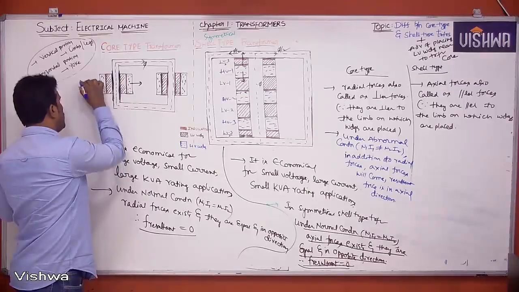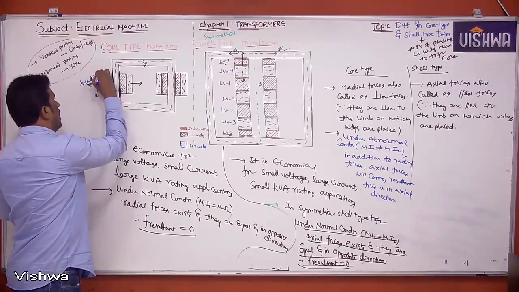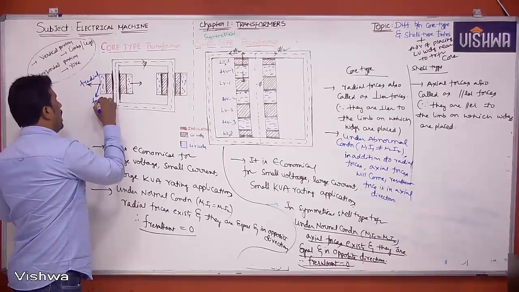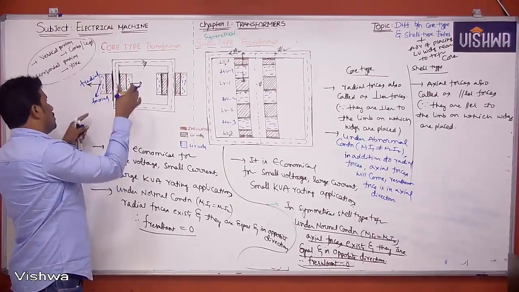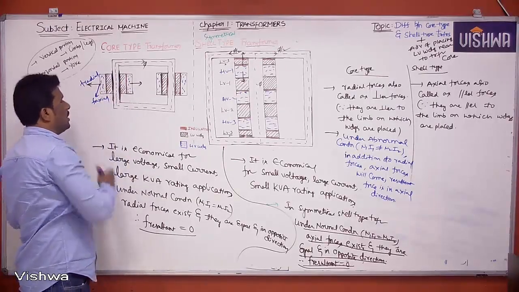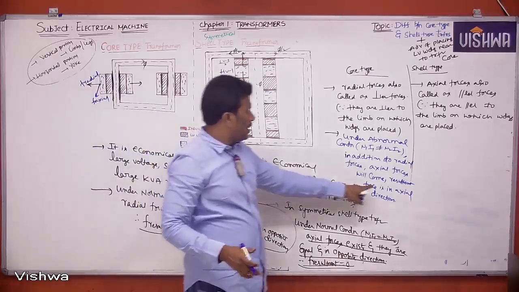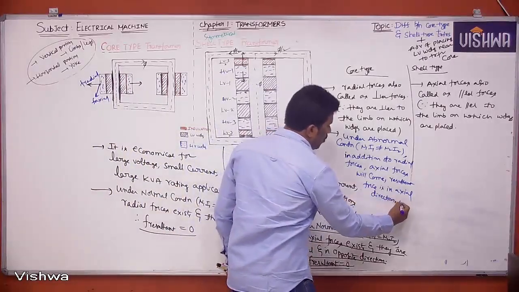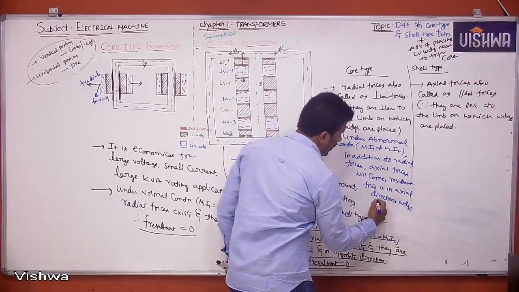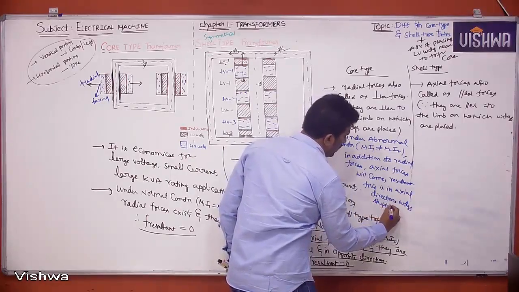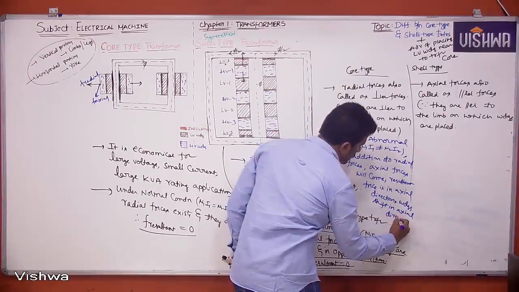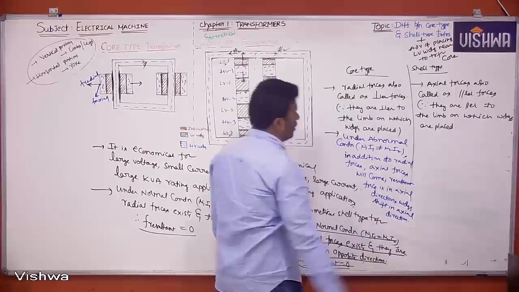Under abnormal condition, in addition to radial forces, axial force will come into picture. So the resultant force is in the axial direction, and windings shift in the axial direction. This is the thing happening.